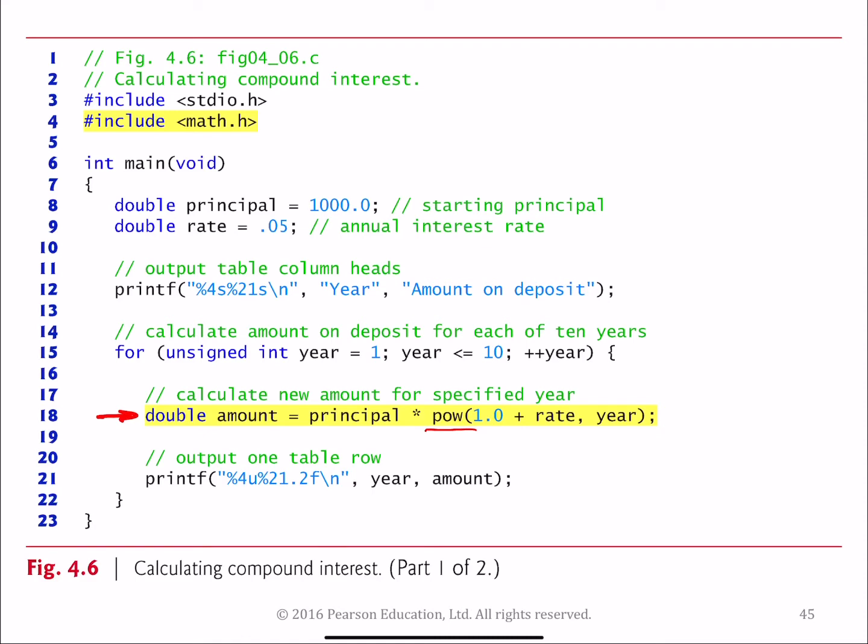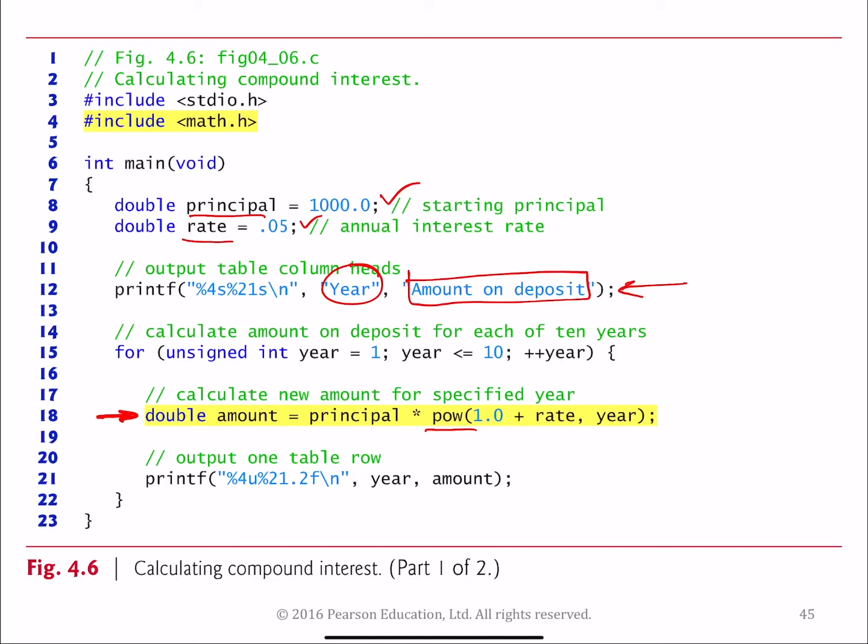So the principal amount, P, let's set that to 1,000. The rate of return, the interest rate that you're getting, let's say 5%. And then we're printing out just a header, like the name of the columns that we're going to print out. We're going to print out the strings year and amount on deposit.